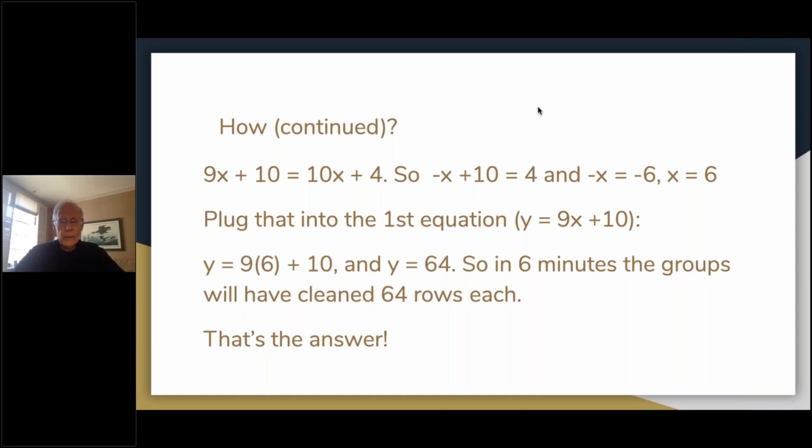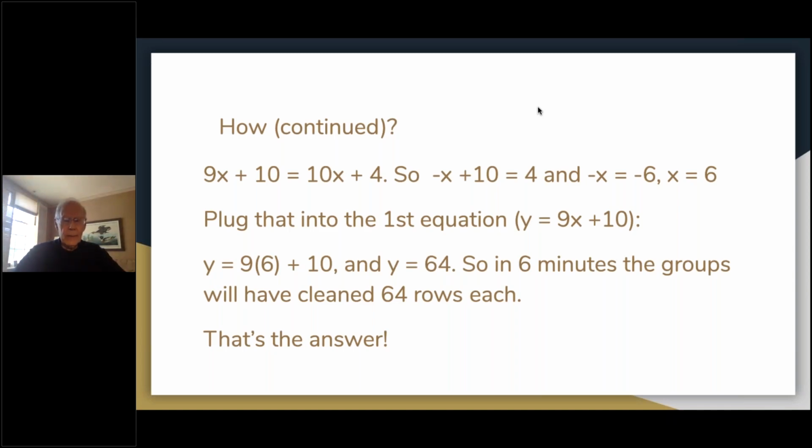Okay, did you see how that worked? Basically, we took 10x and subtracted it from both sides. We got minus x. And then we took the 10 on the left-hand side and subtracted it, and we should get a 4.